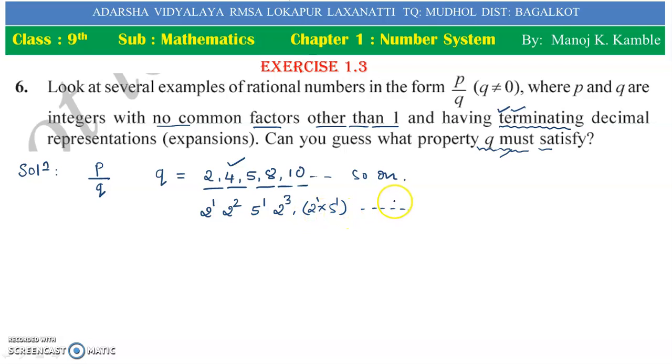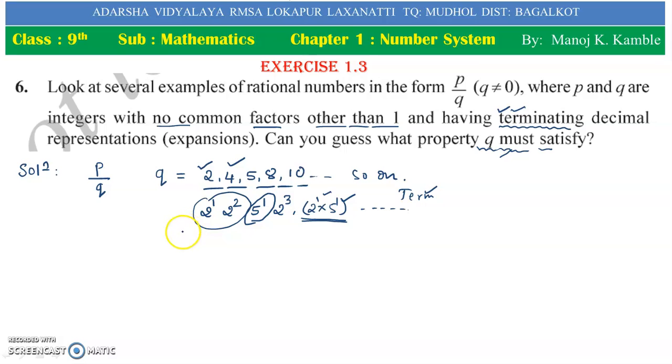Here terminating decimal expansion comes only when the denominator part, the value of q, must be the power of 2's or the power of 5 or the power of both the numbers 2 and 5.